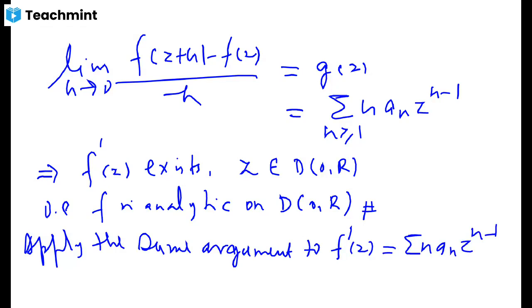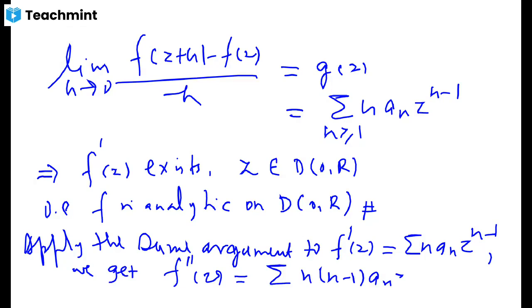You again apply the same argument to this. What you will get is that this function is also differentiable. We get the double derivative of this function exists, and it is just the differentiated series, summation n into n minus 1 a n z to power n minus 2, and continuing in this way to get everything.